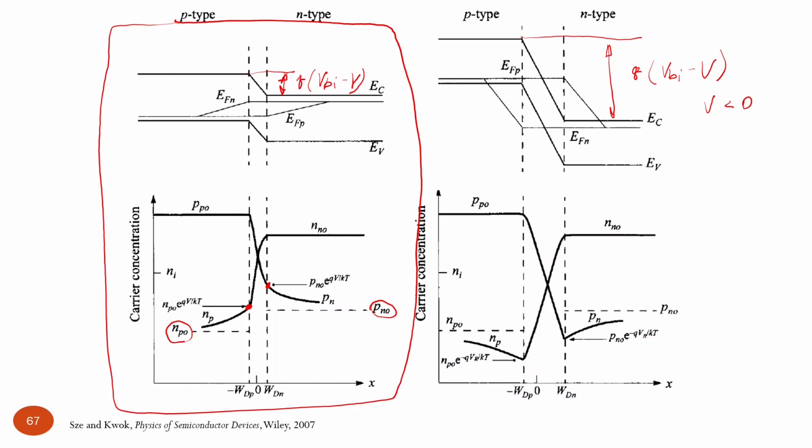That means we extract minority charge carriers from the respective regions. We extract electrons from p-type and holes from n-type semiconductor. If we extract them, then the concentration of these minority charge carriers next to the edges of the depletion region, like here, will be smaller than equilibrium. So that is the equilibrium charge carrier concentration.